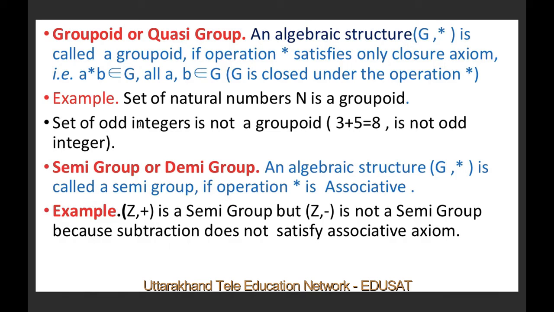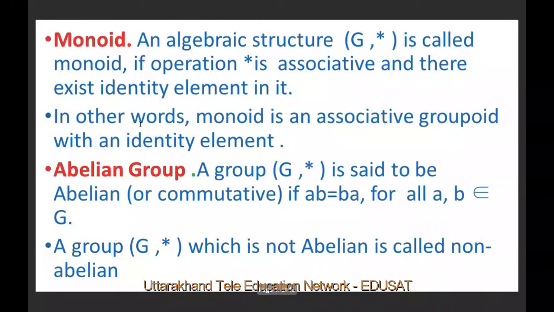Suppose we subtract (1 minus 1) from 2, then the result is 2. If we subtract 1 from (1 minus 2), the result is different. So the associative axiom is not satisfied in the set of integers, and the set of integers equipped with subtraction is not a semigroup.